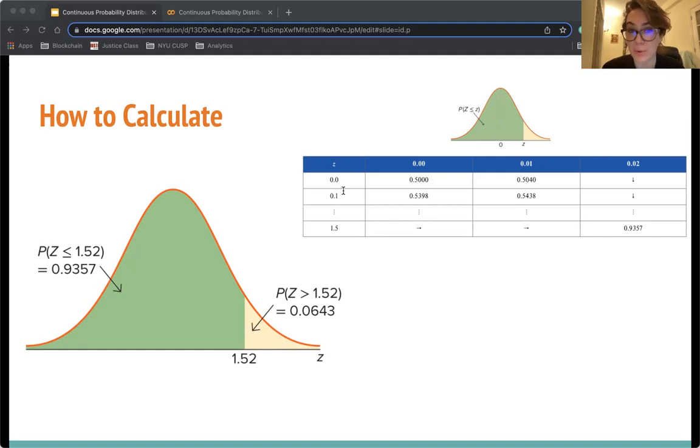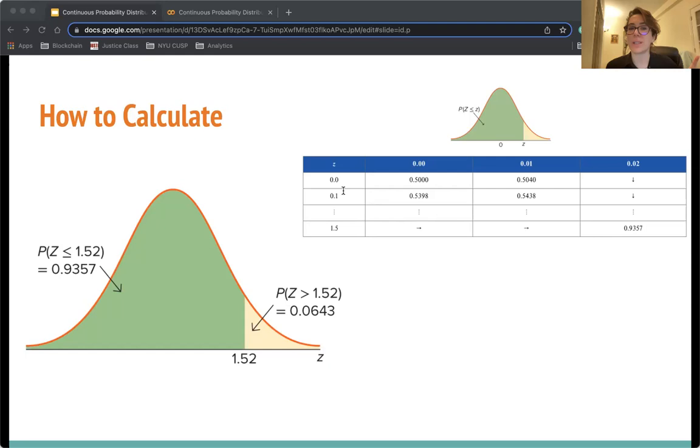So using this table, we would skim down the z column until we find a value that closely matches the z-score we are looking for. We then look across the rows to find the exact decimal place of the z-score.